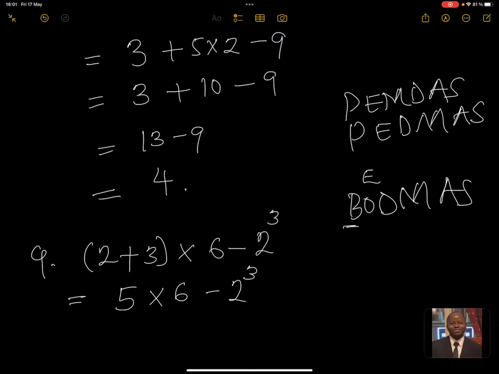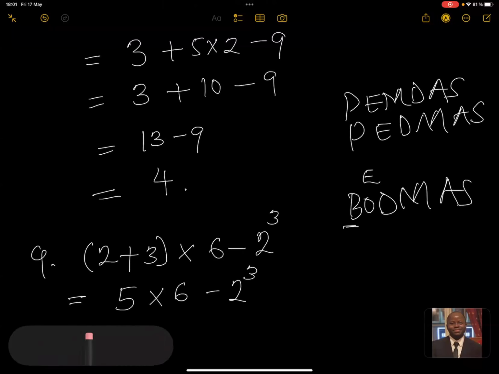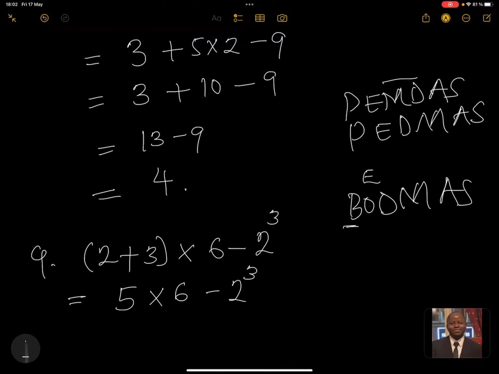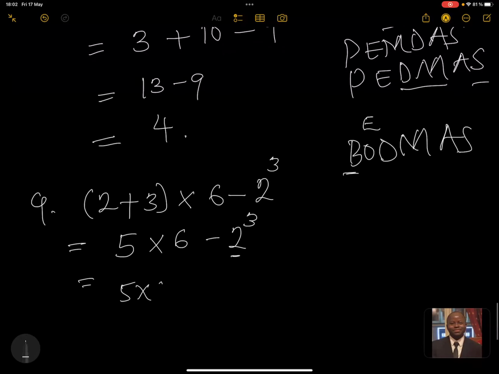What matters is that M and D are at the same level, and A and S are at the same level. Now we deal with the exponent, which is this one. So we have 5 times 6 minus 2 to the power 3.